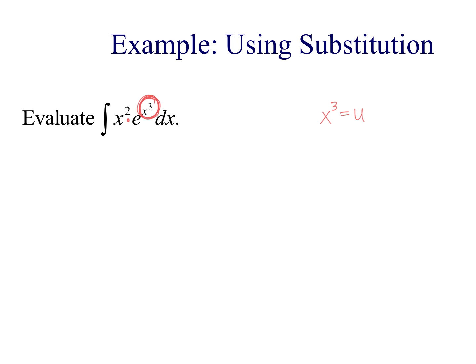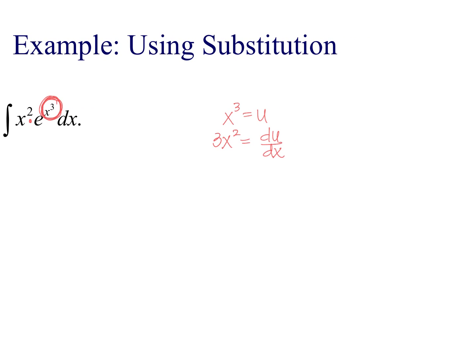And then you're going to find the derivative on both sides. So the derivative of x cubed is 3x squared, and the derivative of U is du dx. Then we work to get dx by itself.